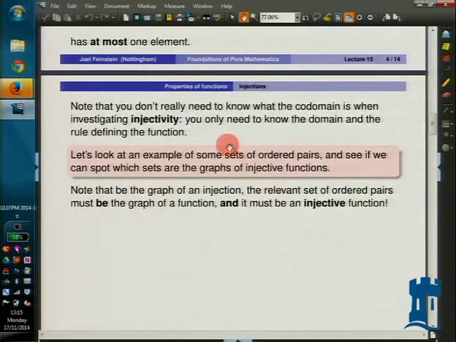Okay, so you can look at the graph of a function, and even if you don't know what the codomain is, you could still figure out from the graph whether it's injective.